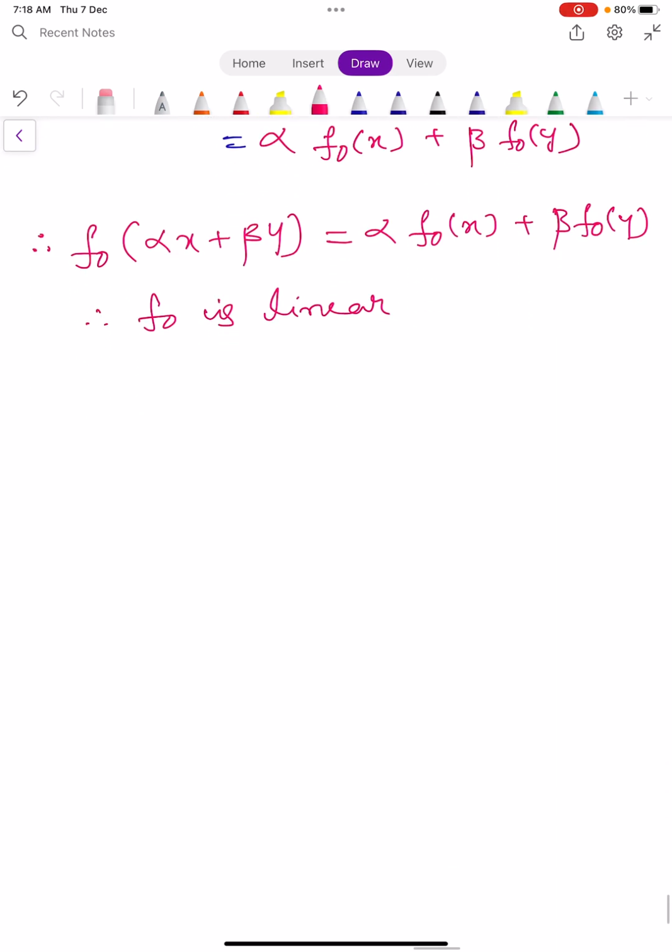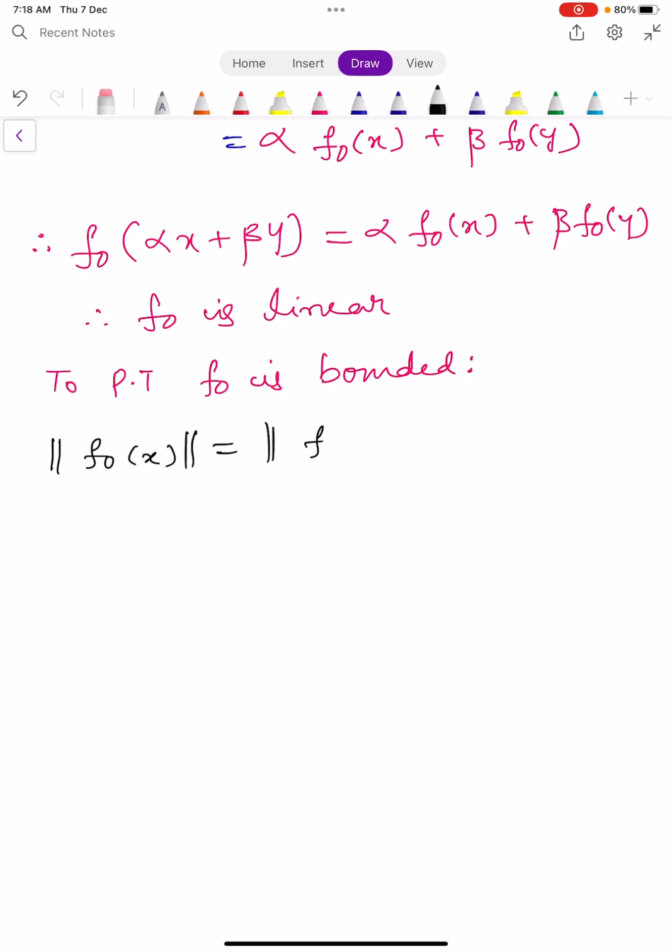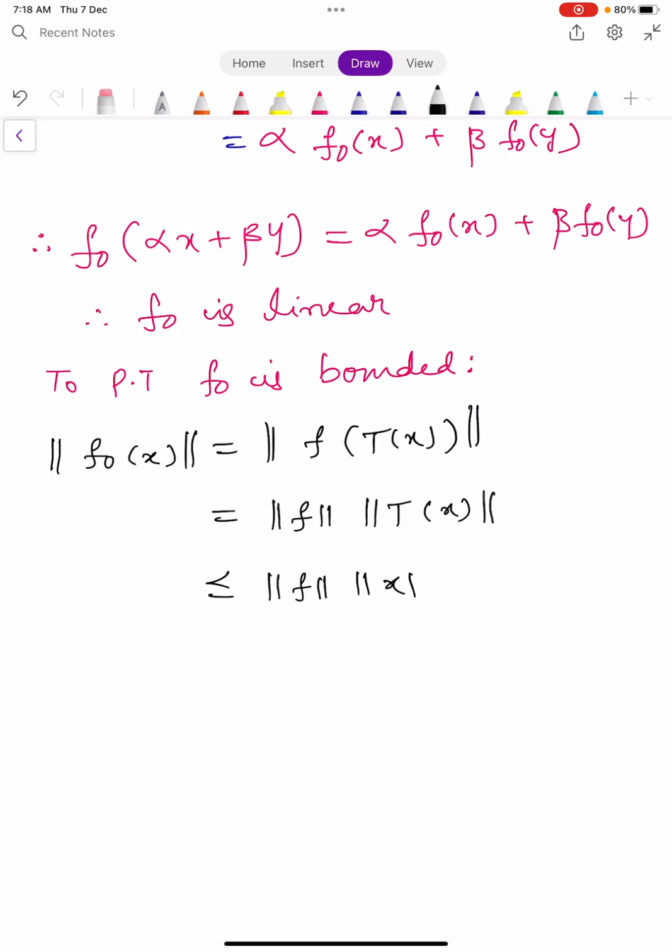Now we have to show that f naught is bounded. To prove f naught is bounded, write norm f naught of x. Norm f naught of x is equal to norm f of T of x, which is less than or equal to norm f times norm T of x, which is less than or equal to norm f into norm x, because we proved that norm T is less than or equal to 1.